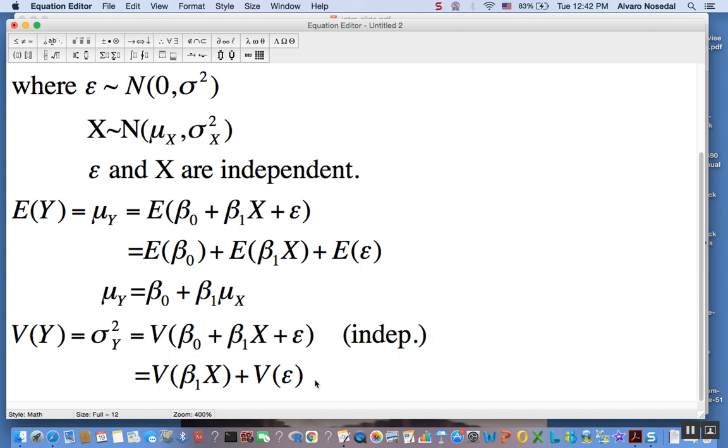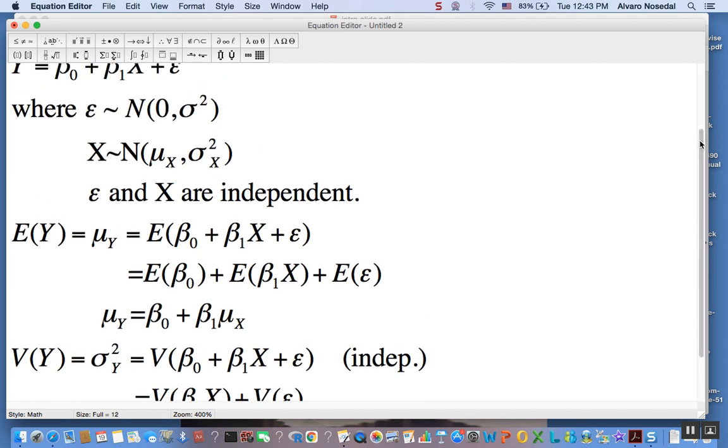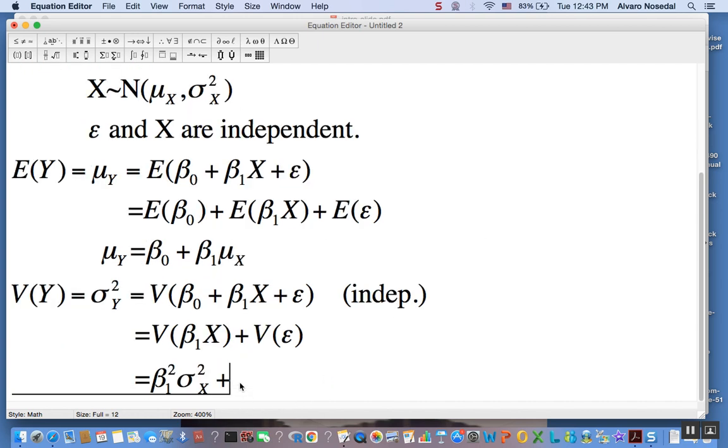Now since we want the variance of a constant times a random variable, we have to square that constant here, and we have the variance of x, which is sigma square sub x, plus the variance of epsilon, which happens to be sigma square.